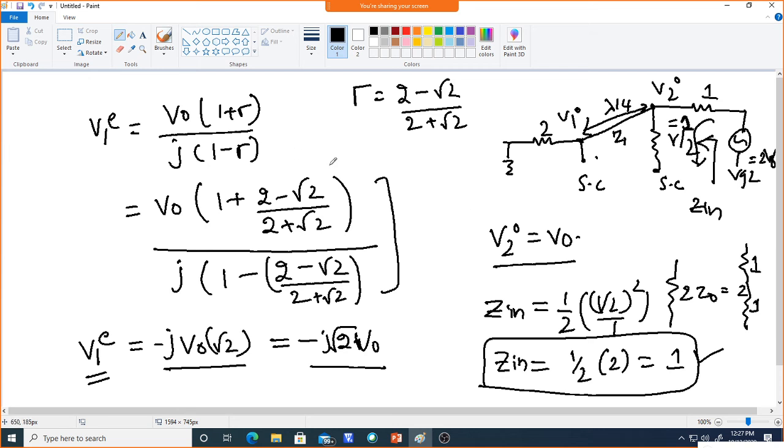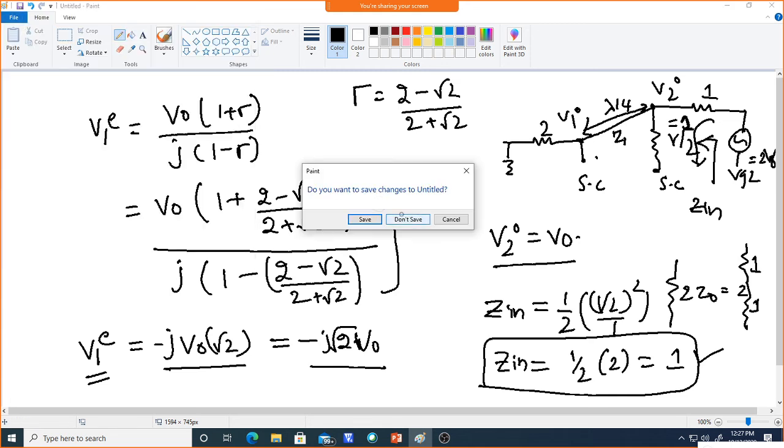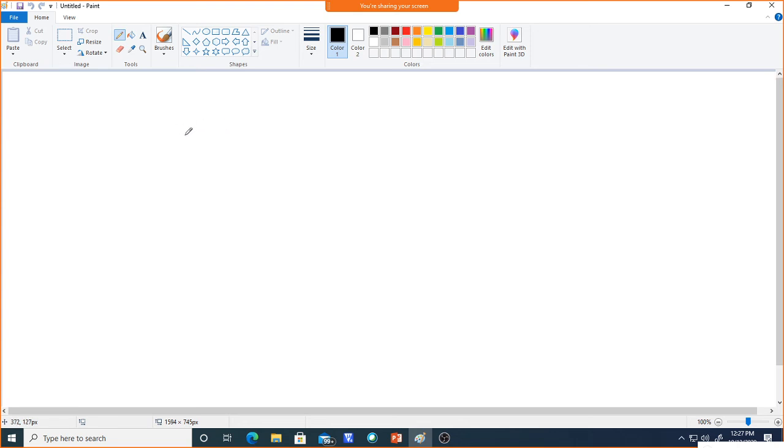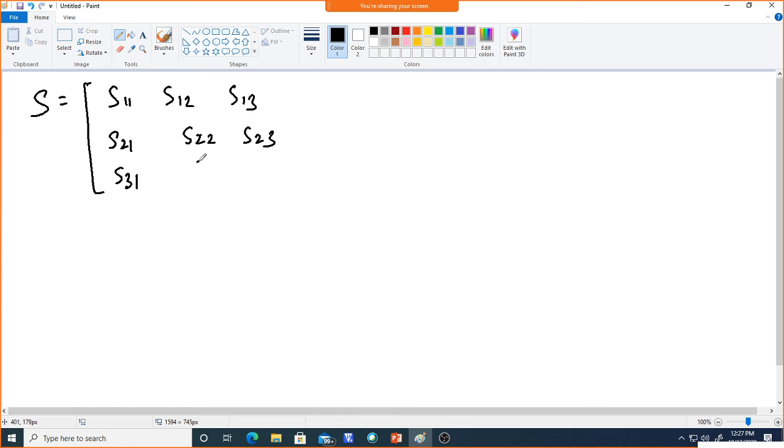as we have said, the ports are all matched. So the S matrix, if you take the 3-port matrix, is S11, S12, S13 and S21, S22 and S23. Similarly S31, S32 and S33.